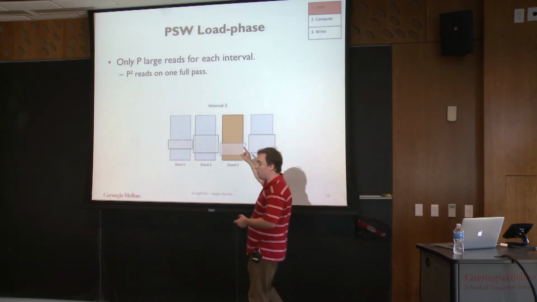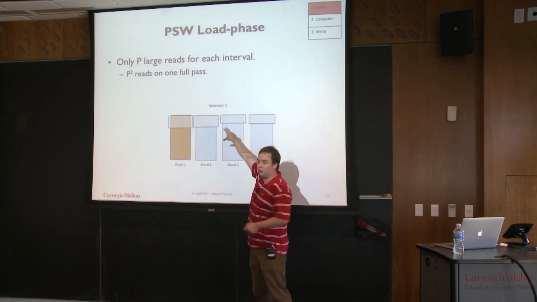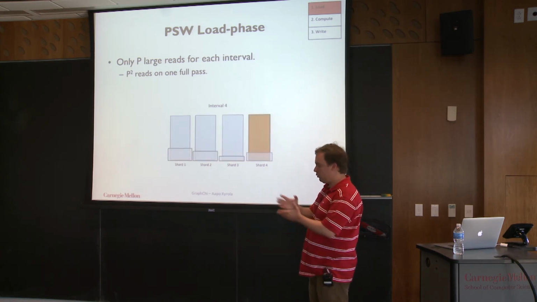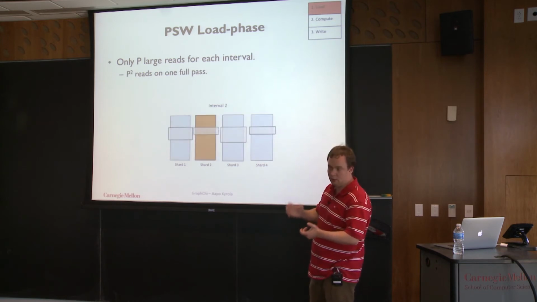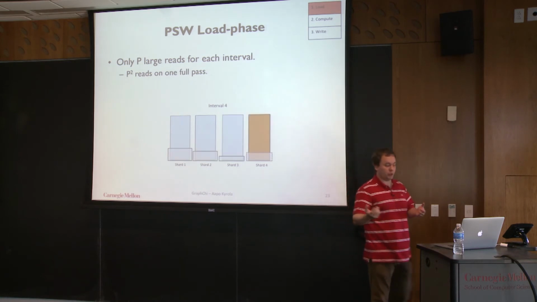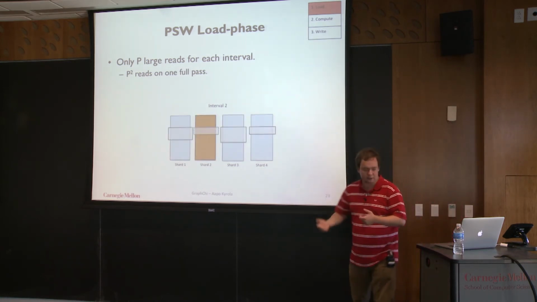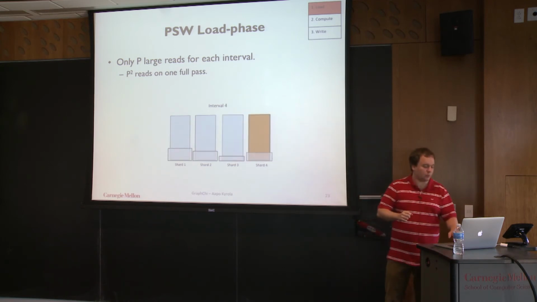We need to read one shard completely into memory, and then p minus 1 smaller reads. To do a full pass on the graph, we need to execute p intervals. So in total we have p squared random non-sequential accesses to the disk, which is typically very low. P is usually tens or maximum hundreds.